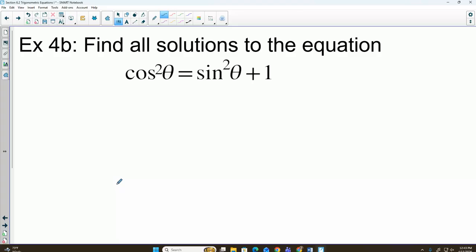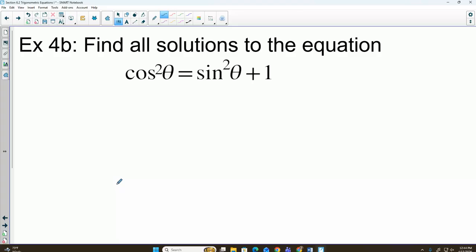All right, what's different about this one? Two different trig functions. All right, so I can't just factor or isolate my trig function, but remember, we just got done doing all of these proofs and things.